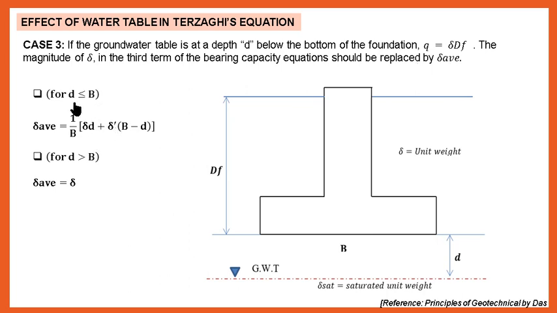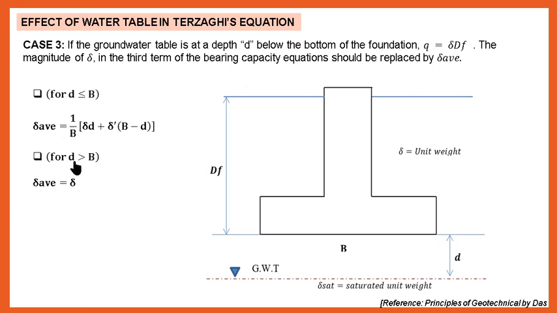If D is less than or equal to B, we need to take the ratio and compare D and B. So when D, the distance of the groundwater from the bottom of the foundation, is less than B, our gamma average is equal to this equation. Just substitute the values of B and D, and gamma prime, which is the saturated unit weight minus the unit weight of water. And gamma D is the dry unit weight of the soil. Okay?